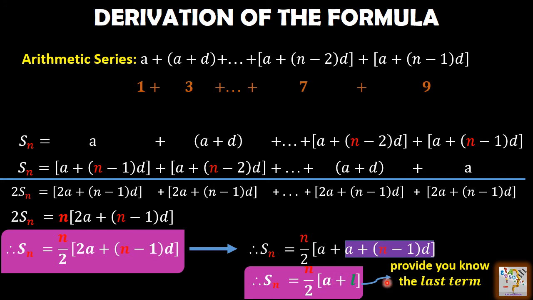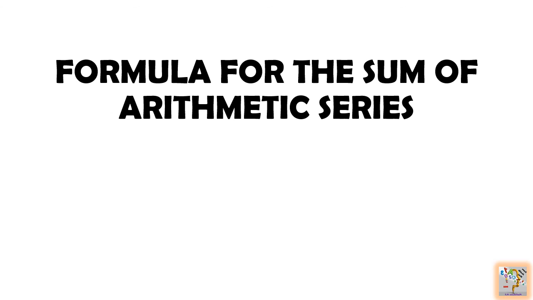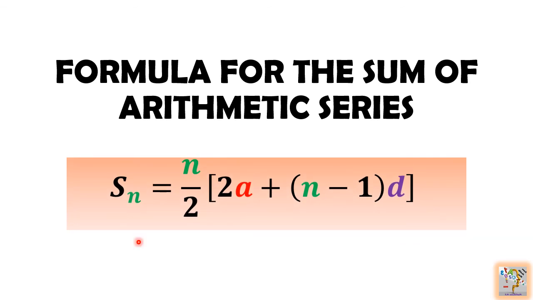But if the series is finite and you know the last term, you can use Sn is equal to n divided by 2 into a plus L. So these two are the same. The only difference is that with this one you don't know the last term, with this one you know the last term. So in conclusion, the formula for the sum of an arithmetic series is given by Sn is equal to n divided by 2 into 2a plus n minus 1 into d.